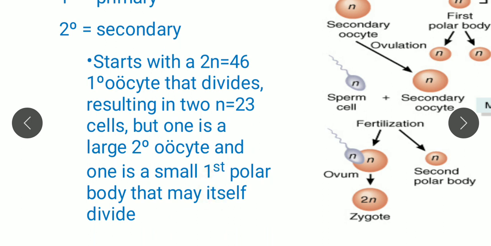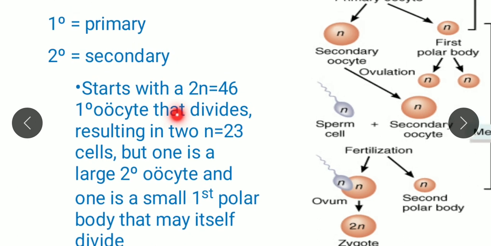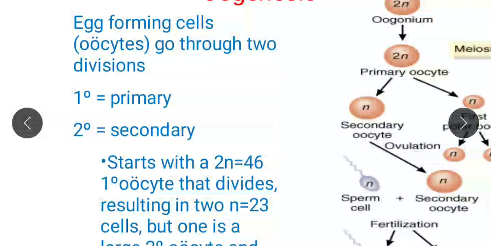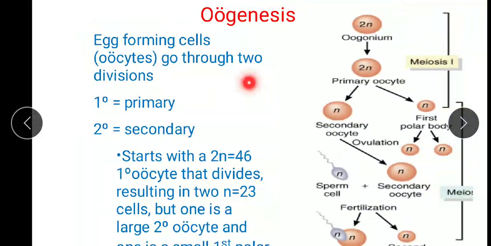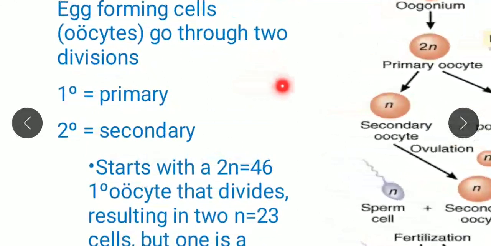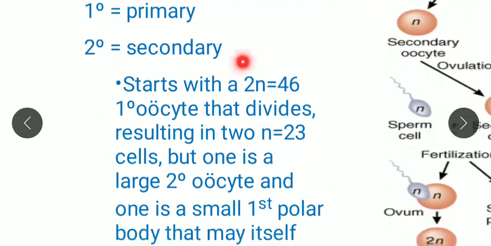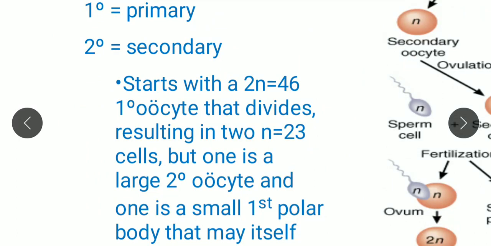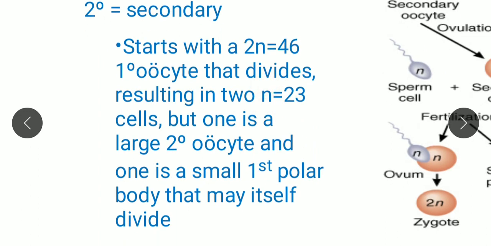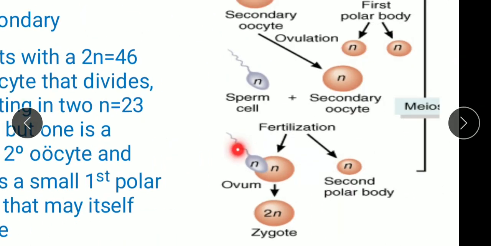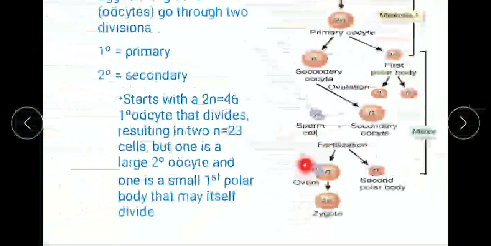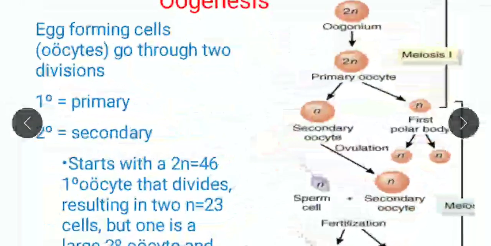Starting with 2n equal to 46, during oogenesis the oocyte undergoes two divisions, primary and secondary. 2n equal to 46 is the diploid nature.